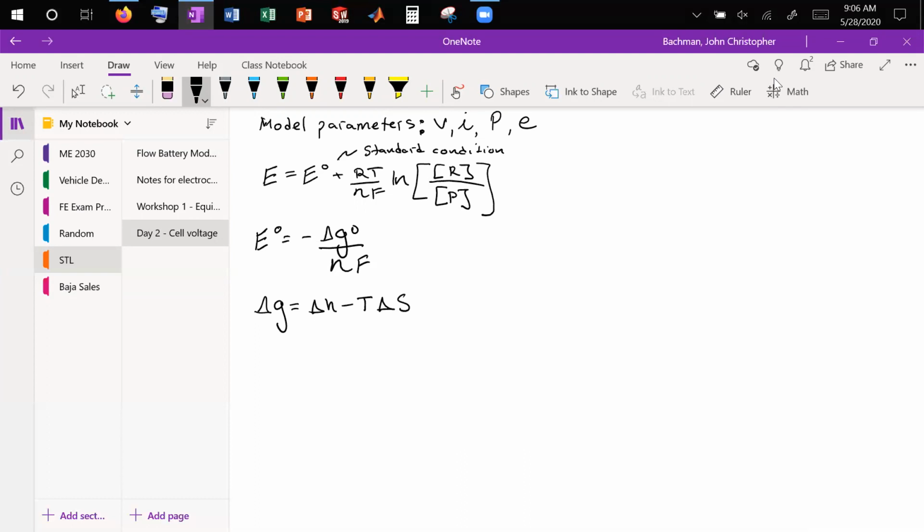So I want to look at a real system where the reactants are not continually supplied and the products are not continually removed. The case where that does happen is a fuel cell. In a fuel cell, hydrogen continually gets supplied, oxygen continually gets supplied, and water continually gets removed.